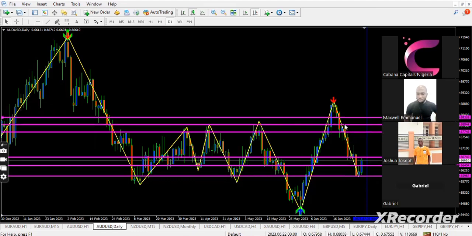So these are my entry areas for sell. These are the areas I would consider selling Australian dollar USD. It's either price breaks this support or price pulls back to these levels.